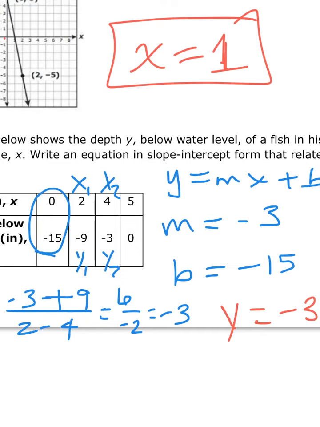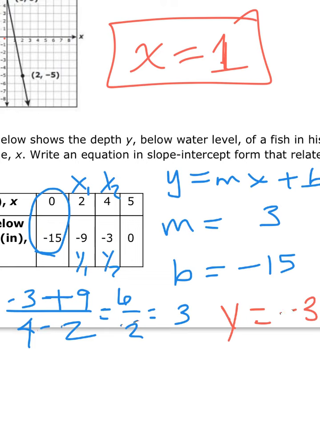Wait a minute. My slope should be positive, shouldn't it? What did I do wrong? Oh, I did 4 minus 2 instead of 2 minus 4. And no one told me anything. Oh my goodness. So 4 minus 2, so that's just 2, so that's positive 3.